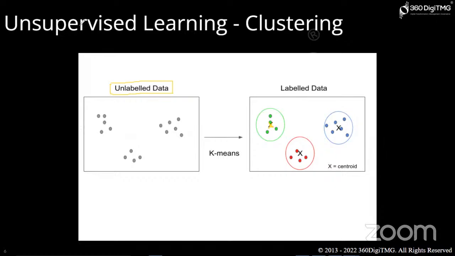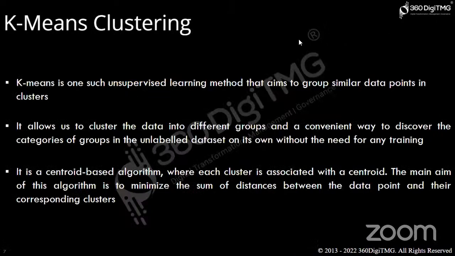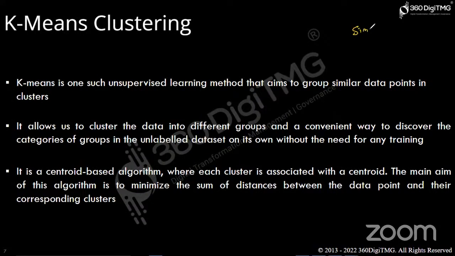Let us see how we can apply k-means clustering. What are the different steps we have here? K-means clustering is an unsupervised learning method that aims to group similar data points. The factor that we are considering here is similarity. How do you find the similarity here?